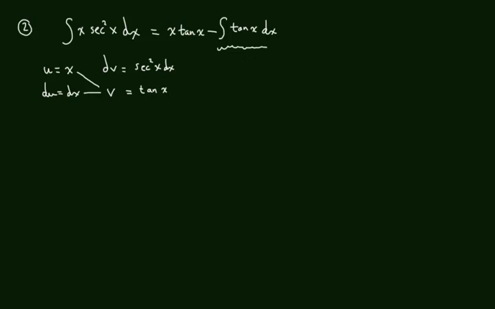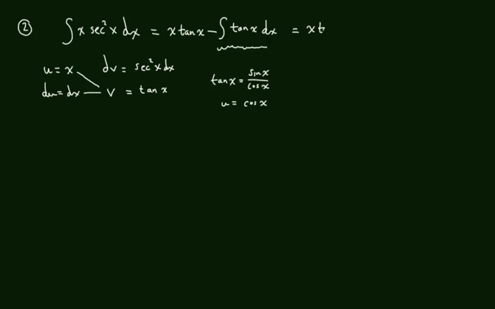This one you may recognize, may not recognize, as tangent of x is the sine of x over the cosine of x. And then I would do a u substitution, traditional u substitution, where u is cosine x, and that would lead us to the following.